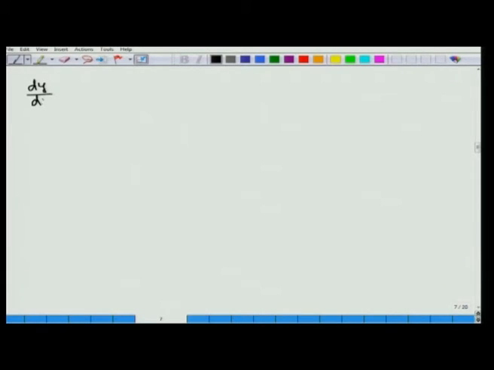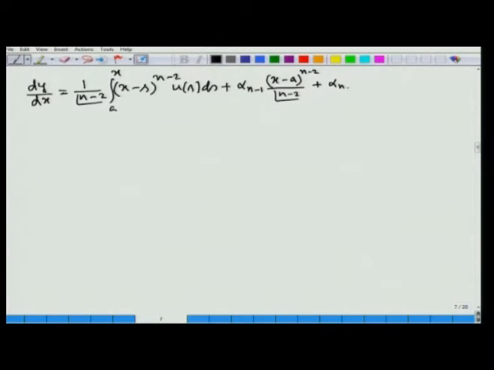So, dy dx will be equal to 1 by factorial n minus 2 integral a to x, x minus s whole to the power n minus 2 u s ds, plus alpha n minus 1 x minus a whole to the power n minus 2 by factorial n minus 2, plus alpha n minus 2 x minus a whole to the power n minus 3 by factorial n minus 3, plus dot dot.